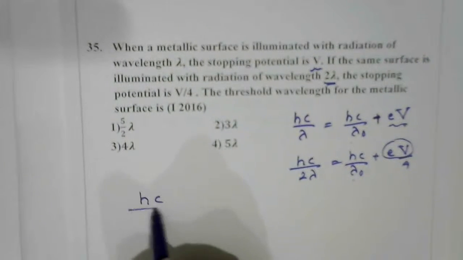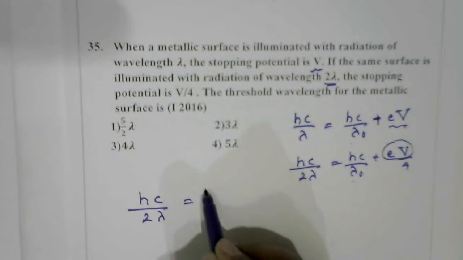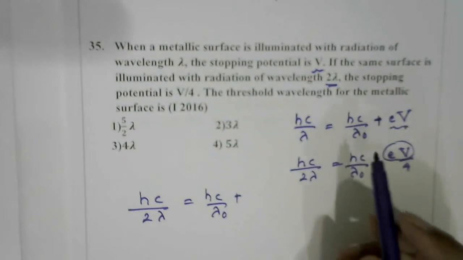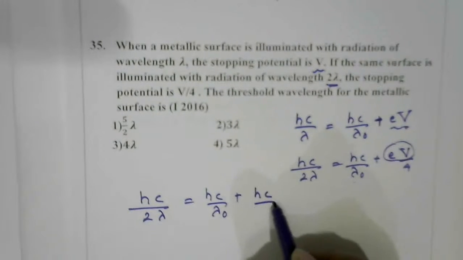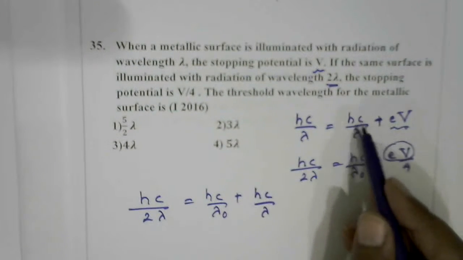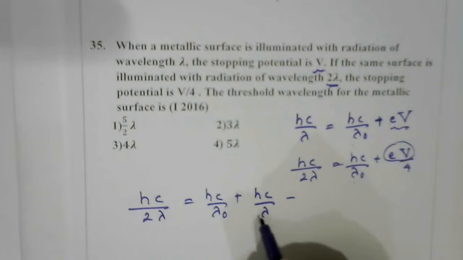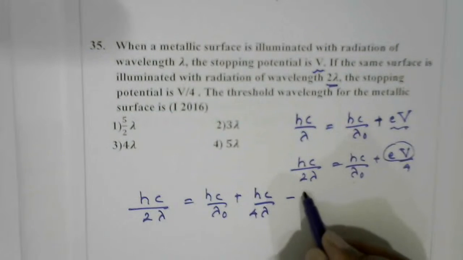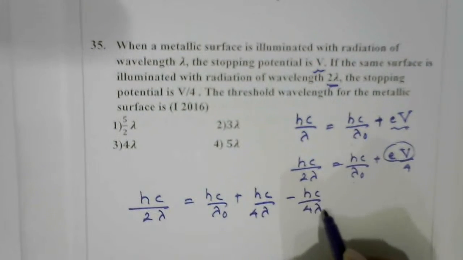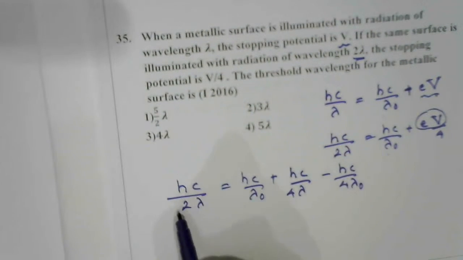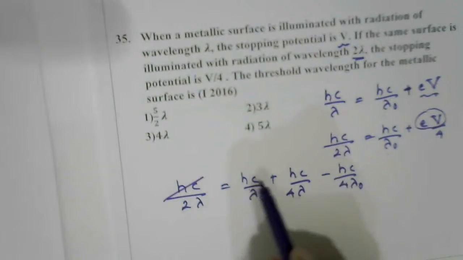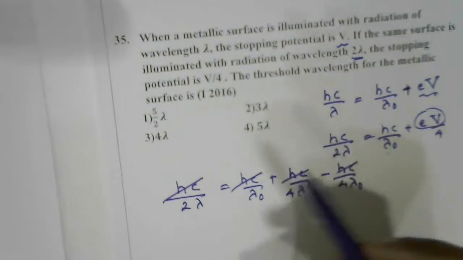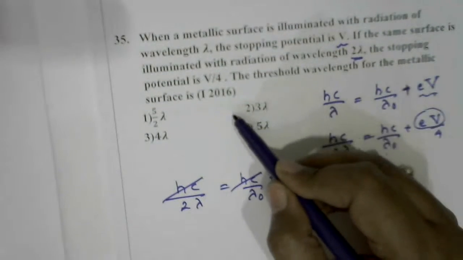It becomes hc by 2 lambda will be equal to hc by lambda naught plus, for eV it becomes hc by lambda, by 4 because by 4 is there, minus hc by 4 lambda naught. So if I just take this side and simplify all these things, because hc will anyway get cancelled, take lambda one side and lambda naught one side. So if you simplify, you are going to get the second option.